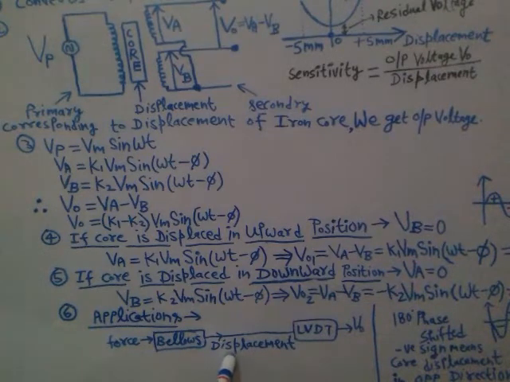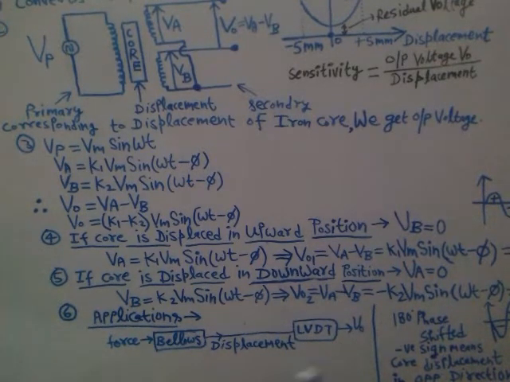Now this displacement can later be converted into an electrical signal in the form of voltage using the LVDT, right? Using the LVDT as a secondary transducer, we can convert this displacement into output voltage, that is, an electrical signal. So that's how you convert force into displacement using bellows, and then displacement into output voltage using the linear variable differential transformer.